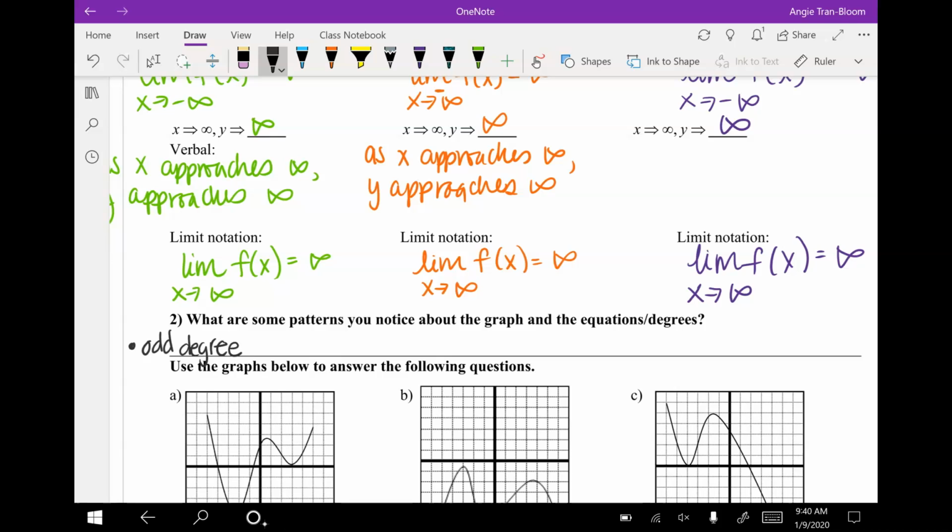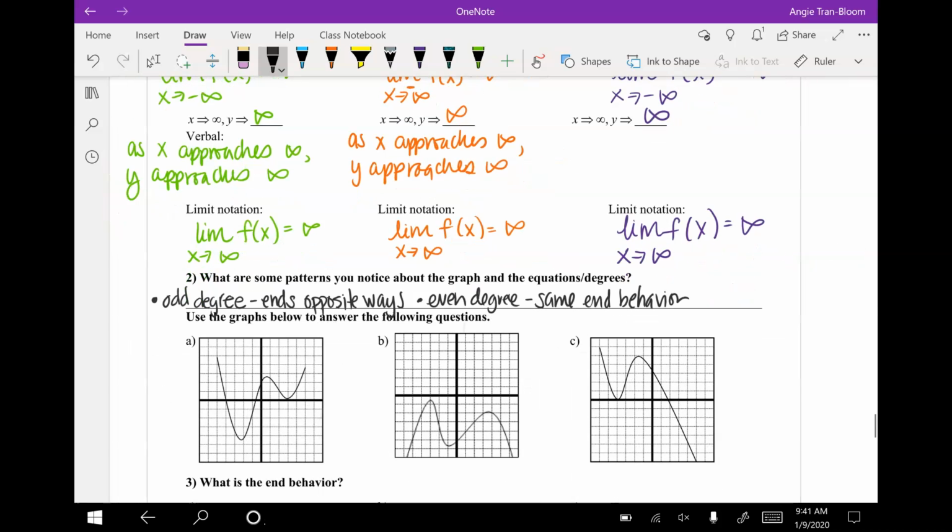If it's odd degree, does it end the same way or opposite way? Okay. Ends opposite ways. If the degree is even degree, same end behavior. Okay. It will end the same way.